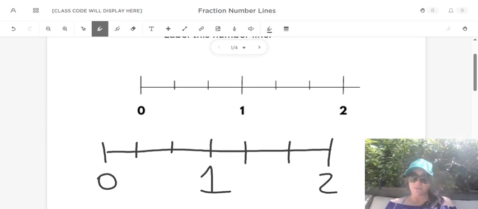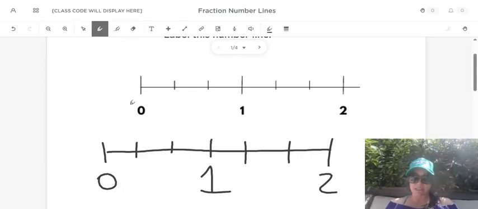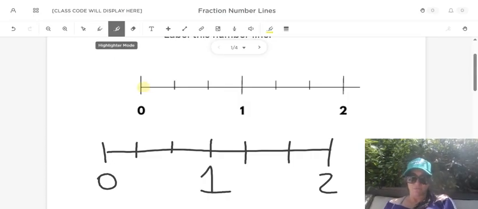So now we want to think about what is going to be in the denominator. Don't get tricked. This is kind of meant to trick you. For this, remember a fraction is one whole broken up into different parts. So if I am looking for the distance of one whole, I am only looking from here to here.